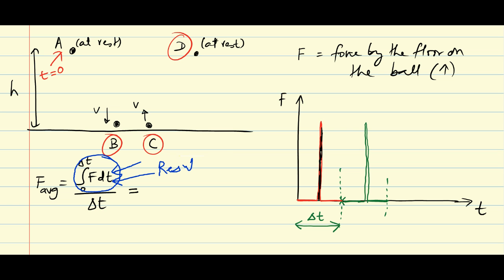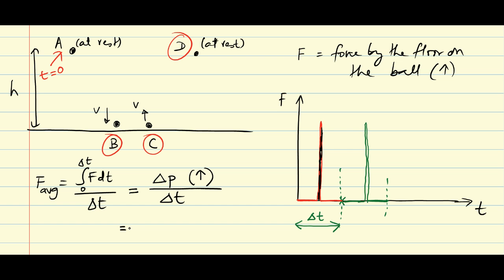And so that's the resultant impulse, and we know by the impulse momentum principle that the resultant impulse acting on the ball must equal its change in momentum. So the numerator we can replace by delta p of the ball in the upward direction. Of course we are maintaining our convention, divided by delta t.